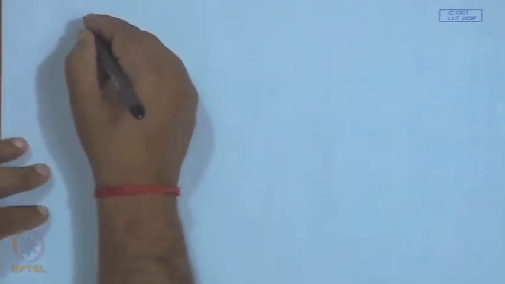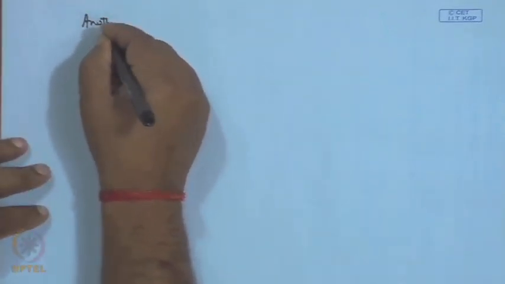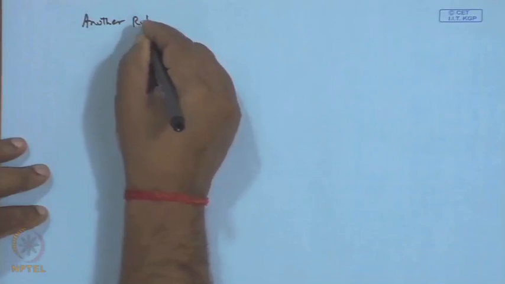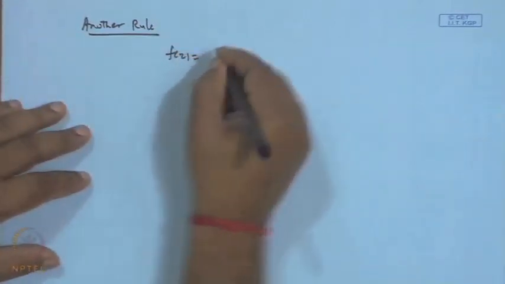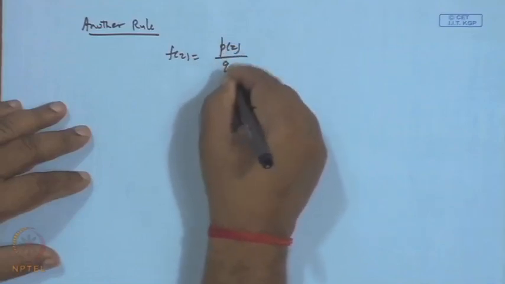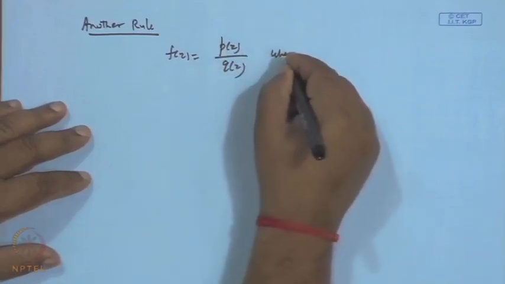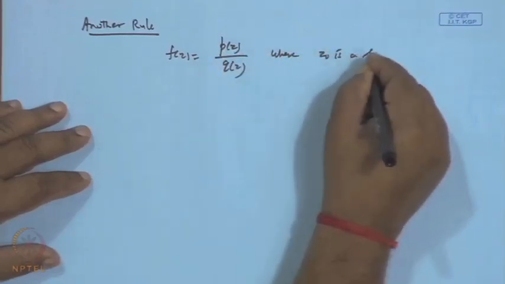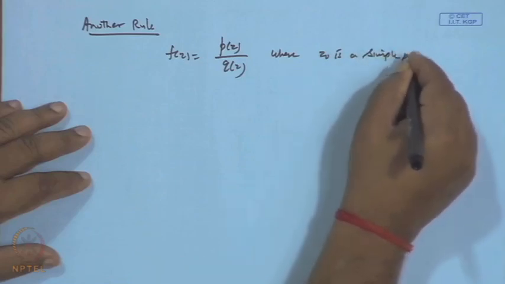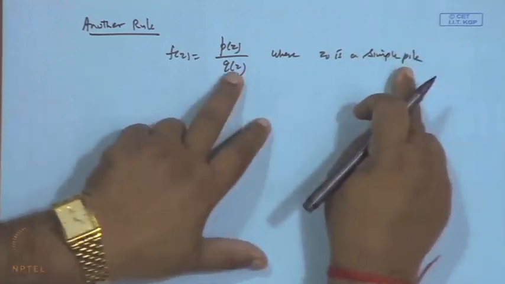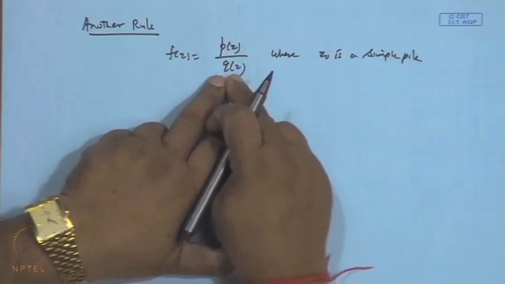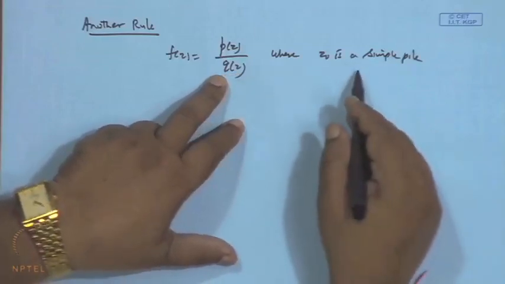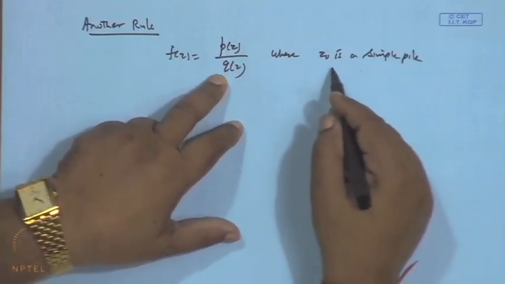Okay. Now, if it is a pole, another rule: suppose the function f(z) is of the form p(z) by q(z), where z naught is a simple pole. Then obviously q(z) must have the factor z minus z naught involved.